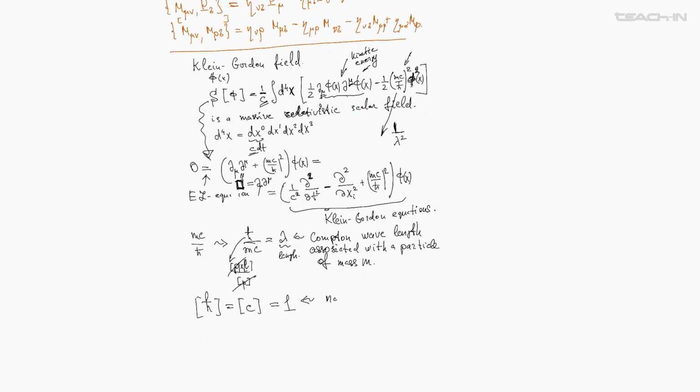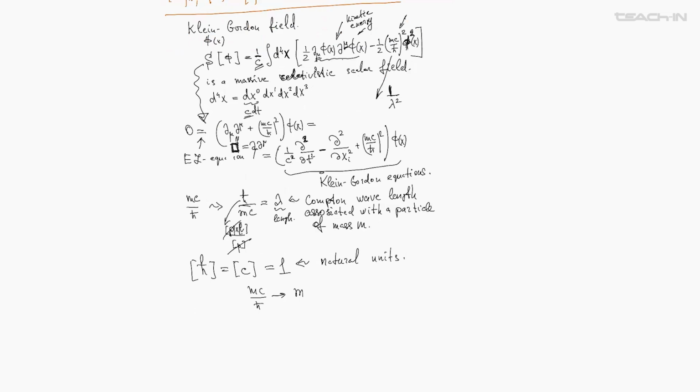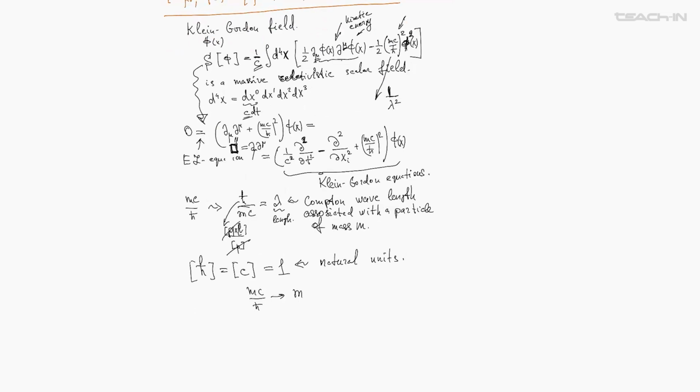In natural units, the term mc divided by ħ simply becomes the mass, and that's why, with the convention of natural units, the action for this field is written as S[φ] equals the integral d^4x of 1/2 ∂_μφ ∂^μφ minus 1/2 m squared φ squared, and people call this m the mass of this field.